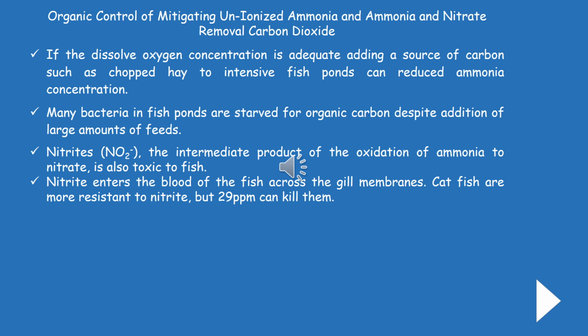Ammonia is toxic to fish if it is allowed to accumulate in the fish production system, and that is the reason why you have to change water every 2 days. If you don't have enough water, then after 3 days, change water 100%.